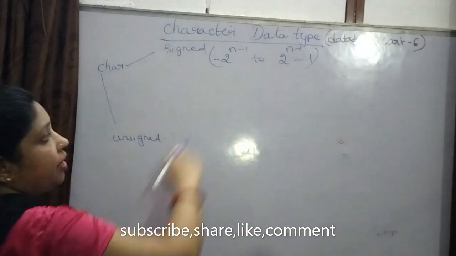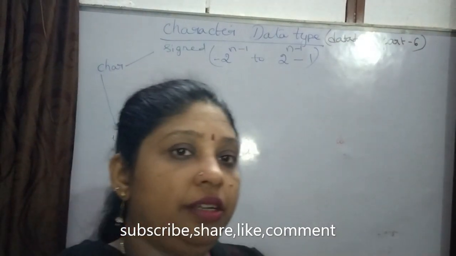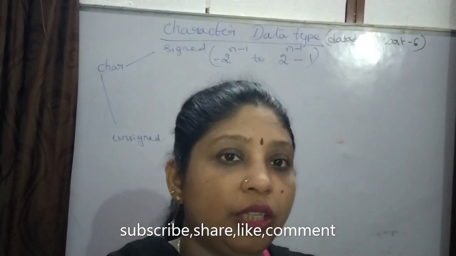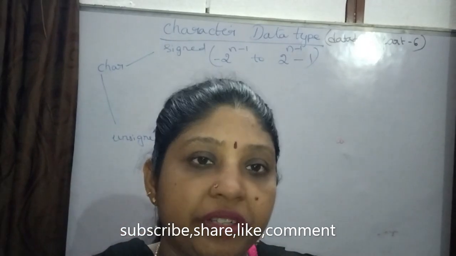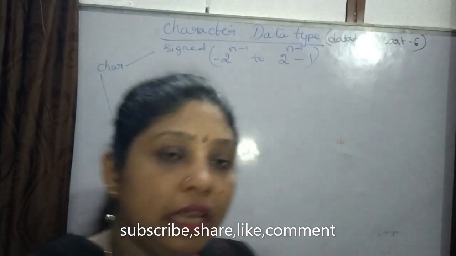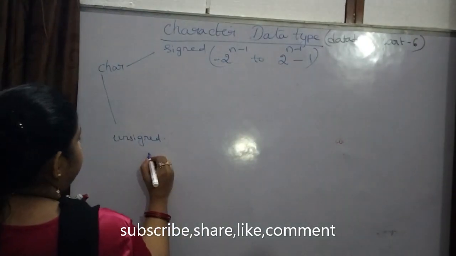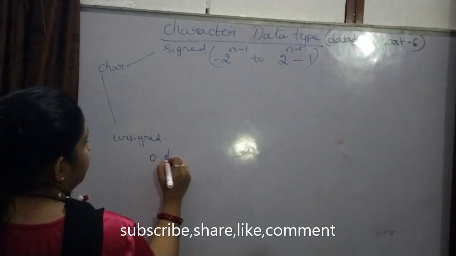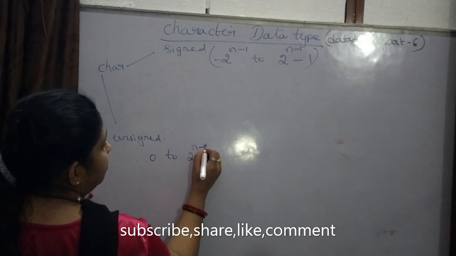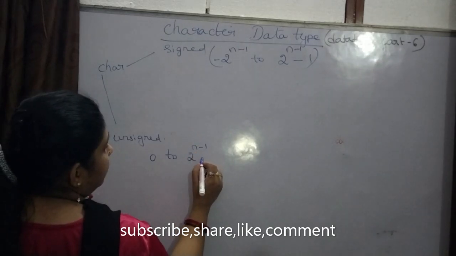With this formula you can calculate for signed. We already discussed in earlier classes the formula for signed and the formula for unsigned. In the same way, the formula for unsigned is 0 to 2 to the power of n minus 1.